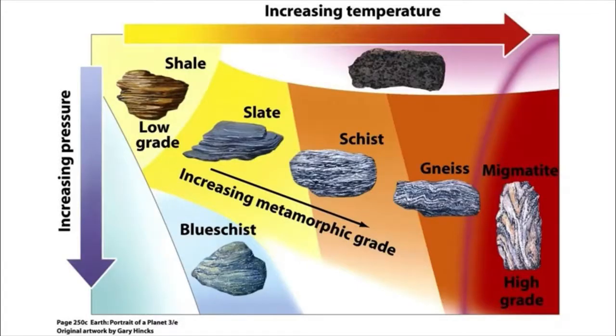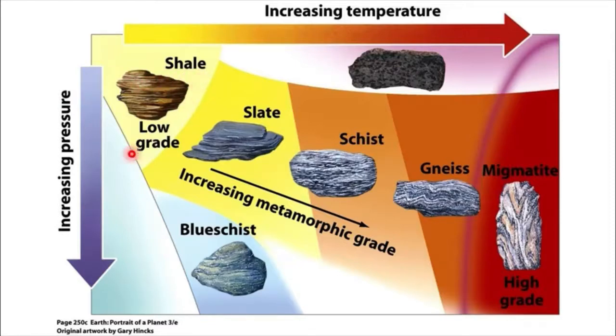This is a diagram of increasing pressure and increasing temperature, taken from page 250 of Earth: Portrait of a Planet, 3rd edition. The original work is by Gary Hinks. In this illustration, smaller pressure and temperature will produce a low-grade shale.